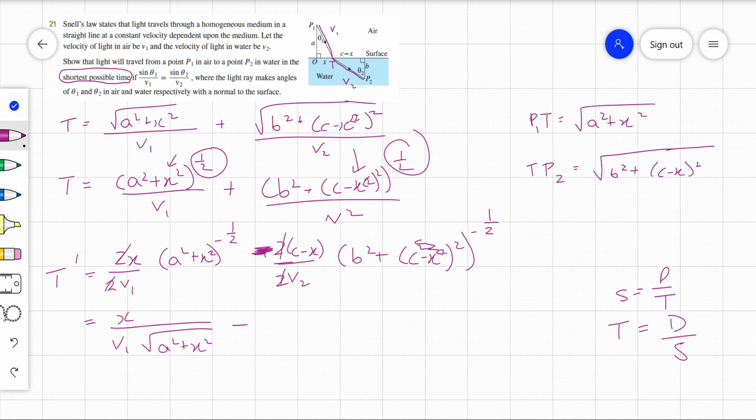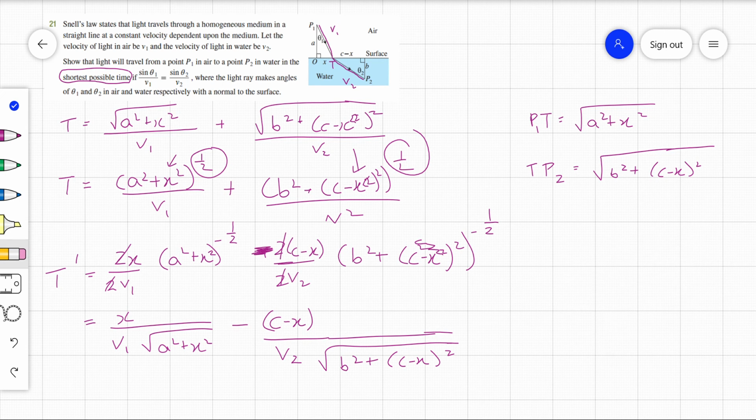So we're going to have a minus (c minus x) on v2, on the square root of b squared plus (c minus x) all squared.